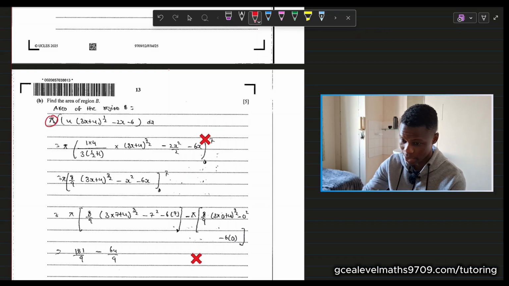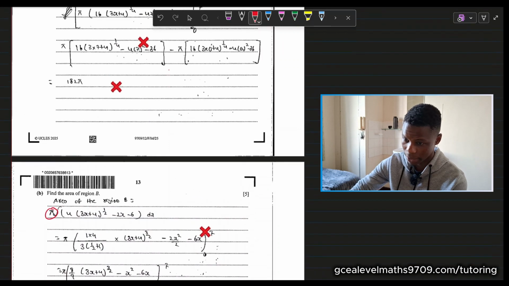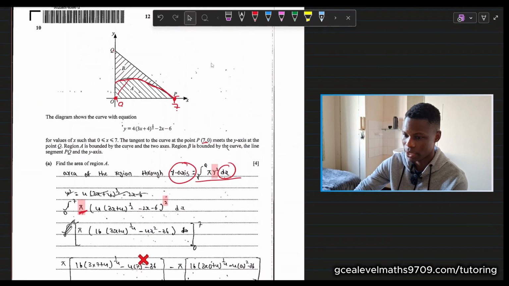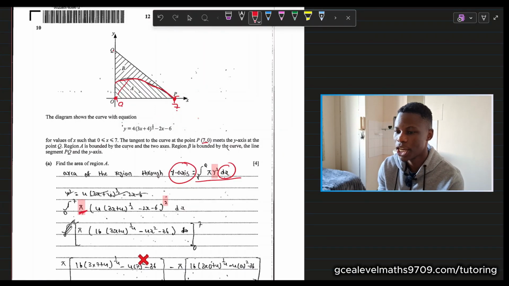In this case, to get the area of region B, you want to create an expression, right? You want to say area under line, I'll highlight this line in blue, minus area under curve.